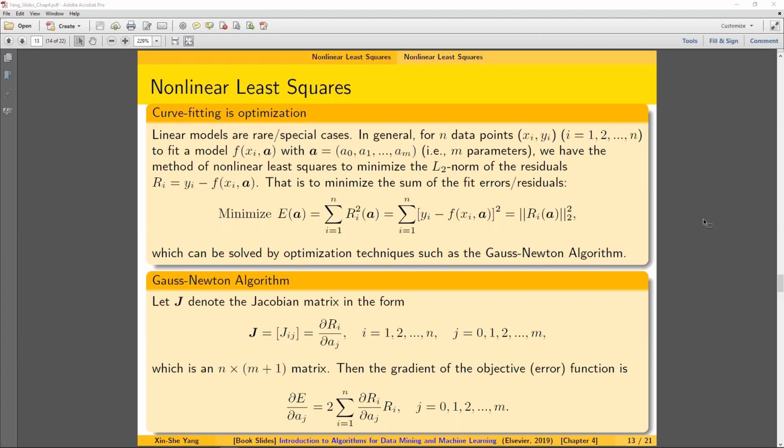So that is how we can define r_i. That is to minimize the sum of the squares of the fit errors, or residuals.